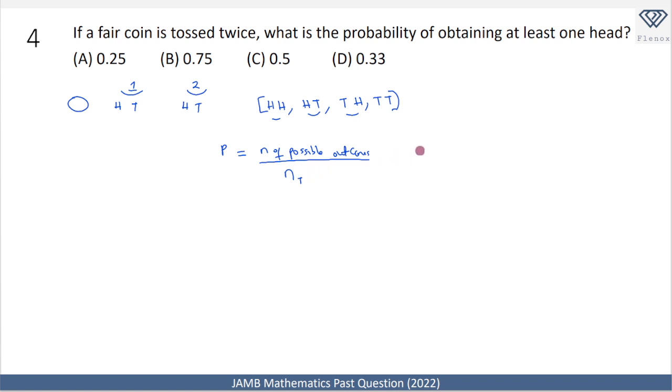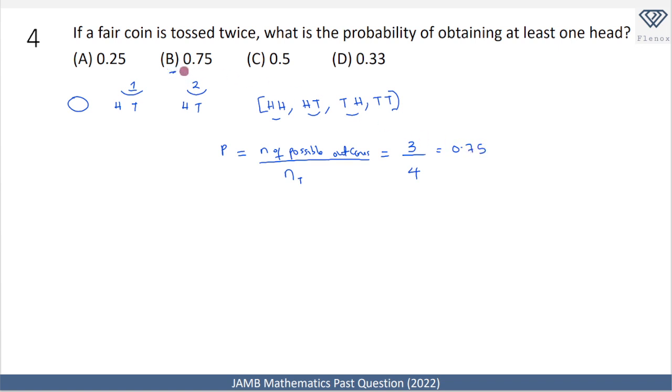In this case, the number of possible outcomes is going to be 3, because in 3 of our scenarios we'll get at least one head. And the total number of scenarios is 4, because we have 4 possible outcomes: 1, 2, 3, 4. So the probability of having at least one head is 3 over 4. And that is 0.75, which is option B.